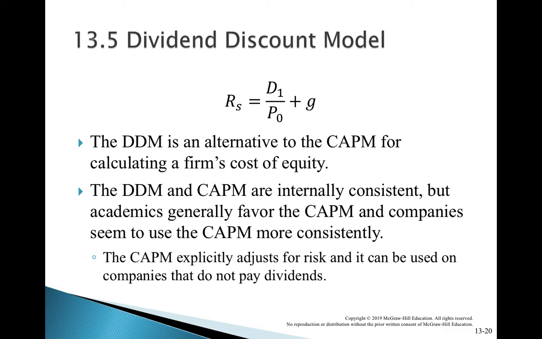Academicians and practitioners prefer CAPM, and companies seem to use CAPM more consistently than the dividend discount model. As I said, if a company doesn't pay dividends, the dividend discount model is useless. They cannot apply it. D1 is not there. So if D1 is not there, how can they use the dividend discount model? For them, what remains is CAPM as the best method.